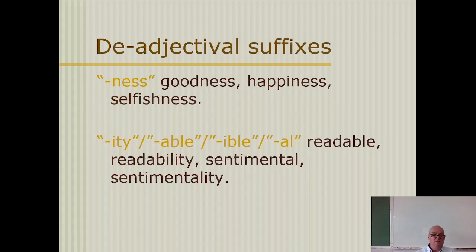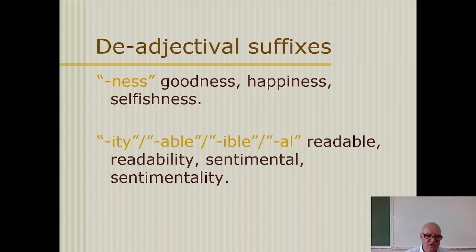The adjectival suffixes. Now we have ness. My goodness. Happiness. Selfishness. Right? Not like to make a selfie, but selfishness. That means not to be egocentric, only thinking about yourself.